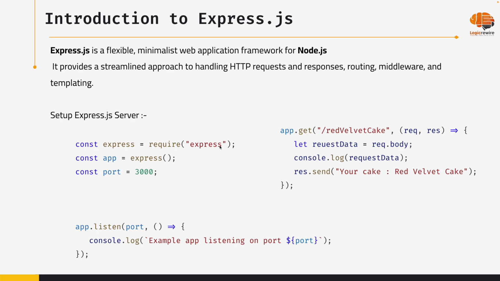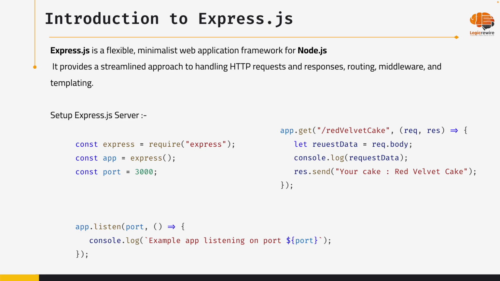Let's directly jump in and start creating the server using Express. For that, as we discussed, we need to require Express, because it's a different package, an outside package. That is the reason the Express module is required to be installed. Before using Express, we will first install the Express npm module from npm.js.